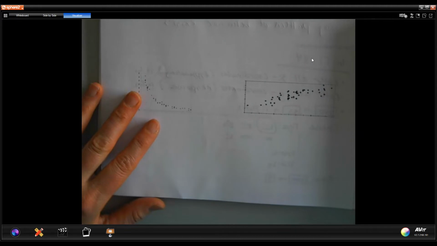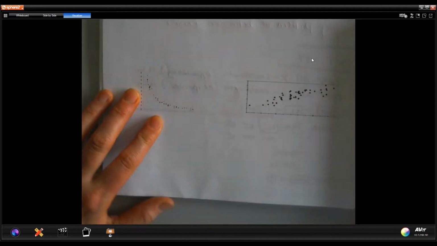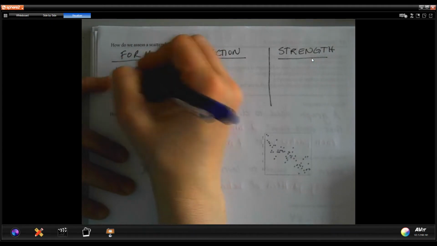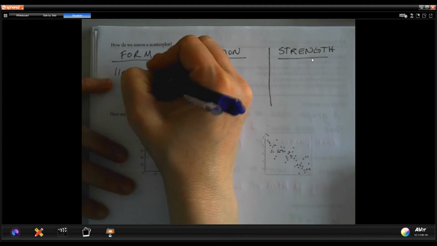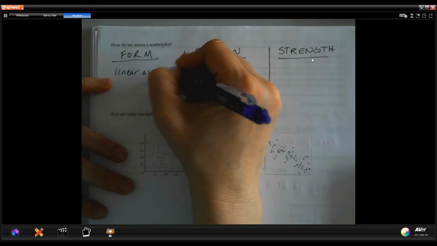So how do we assess a scatter plot? We're going to have different things we have to look for. Every time we are describing a scatter plot or an association, we're going to talk about the form, the direction, and the strength. So our three main categories: we're going to look and see if there is a linear association, which is what you would expect it to be, looks like a line.